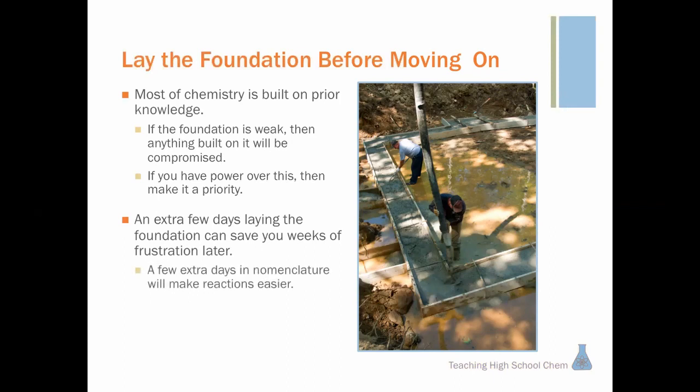Like I said, a few more days of doing nomenclature is going to make teaching reactions easier because kids are going to be able to read a reaction and know what those things are without having to sit there and look at a periodic table that's got the names on it and try to figure out what Na3PO4 is. If we spent enough time with nomenclature, they should go, oh, that's sodium phosphate. It may take them a couple of seconds, but they should be able to get that that's sodium phosphate. And so they should be able to move with that.